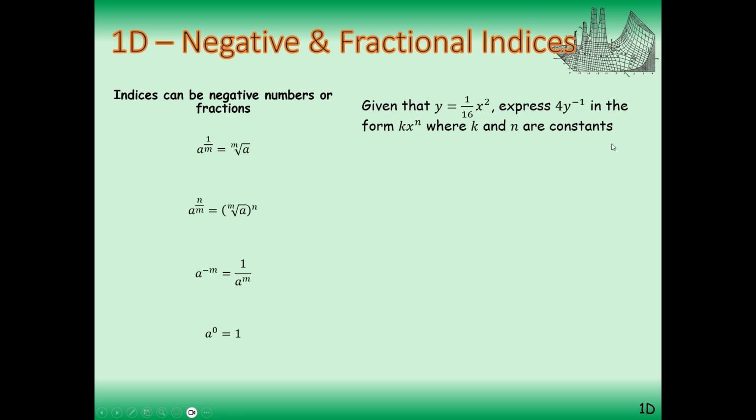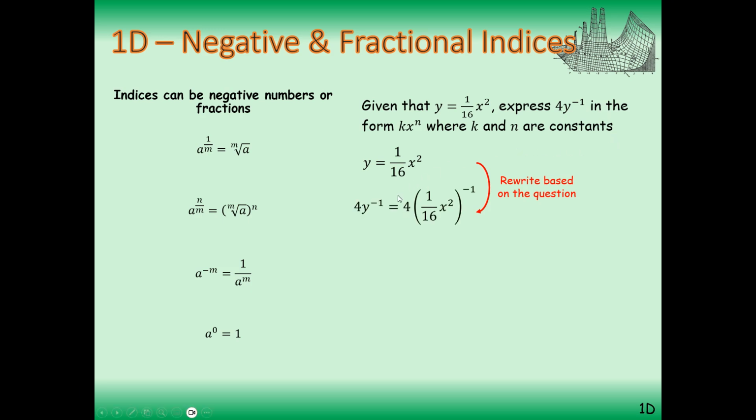In this next example, it's the same y, but this time we have to rewrite it as 4 times y to the power of minus 1. So we put a bracket around y, and we multiply it by 4 and raise it to the power of minus 1.